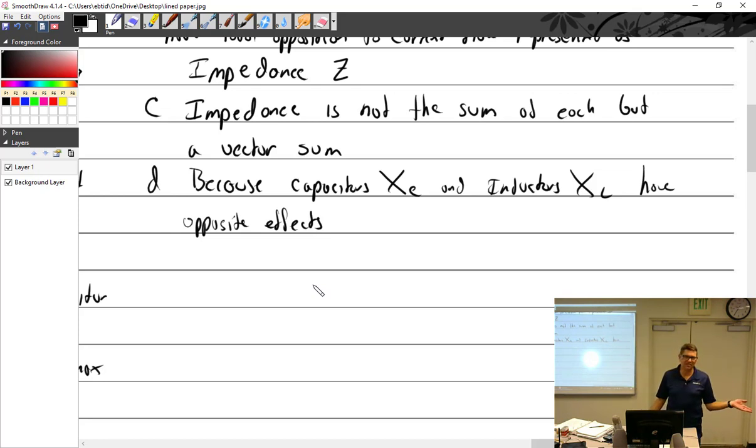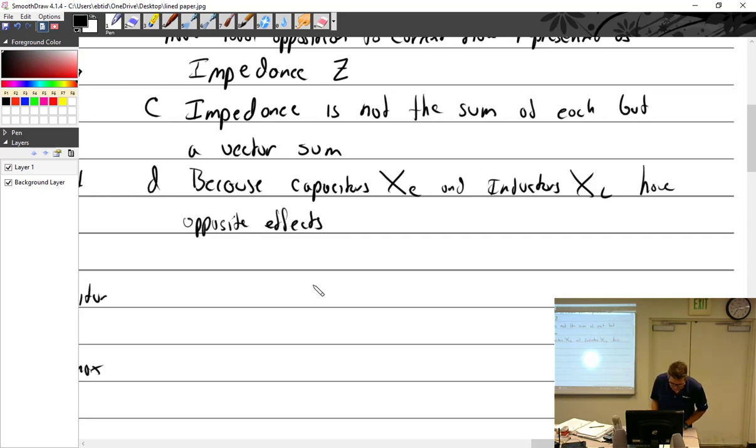X of C is ICE, current leads the voltage. X of L is ELI, so voltage leads. So if they were in balance, they would cancel each other out and we would have no problems whatsoever. If you had 5 X of C and 5 X of L, you'd have 0, and then you would default to it being a purely resistive circuit because they have opposite effects.